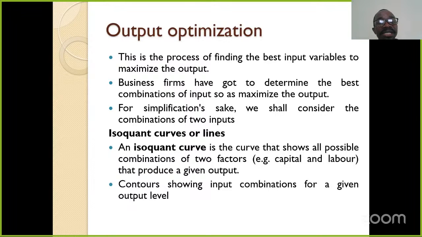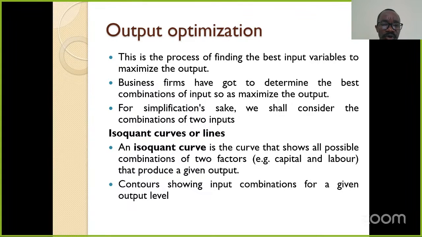Now, output optimization. When you're trying to maximize your profit, you think of optimizing the output, because the higher the output, the higher the profit that you make. The process of optimizing the output is where you basically find the best input combinations that will maximize the output level.